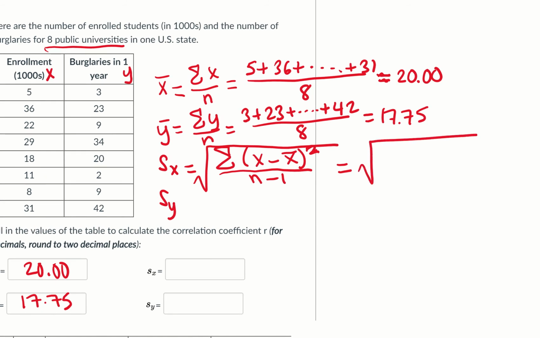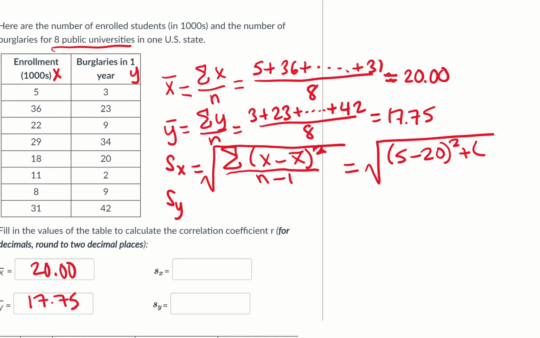So we're going to take the square root, and our first X value is 5, minus the X bar that we have here, which is 20. Then we got to square it. Then we got to sum, so we got to add the next X value, which is 36. So we're following the X values here.